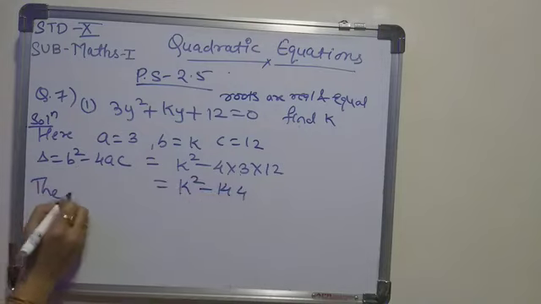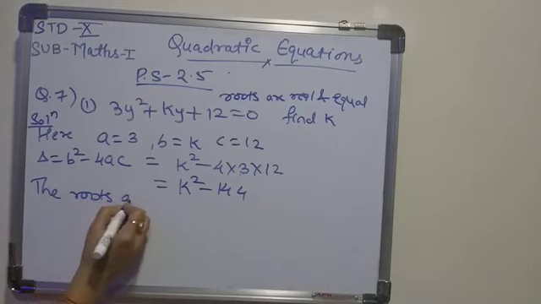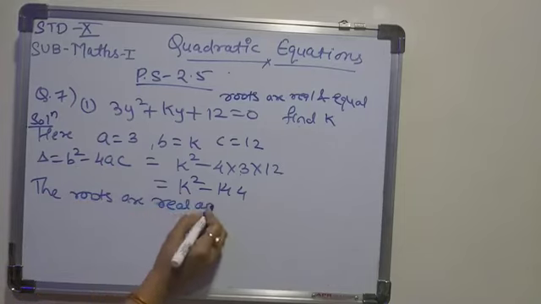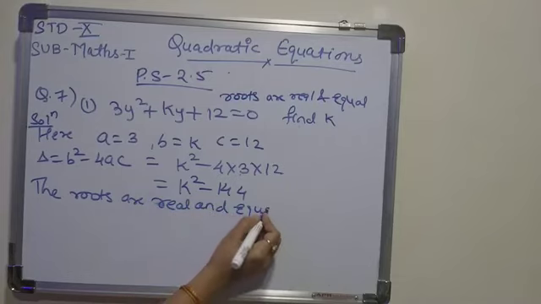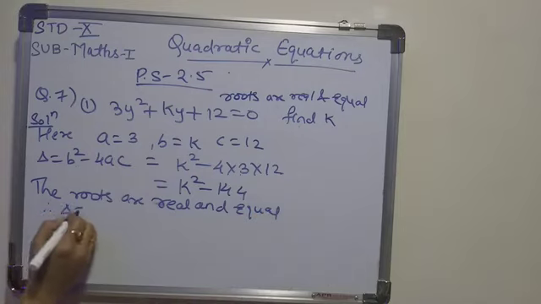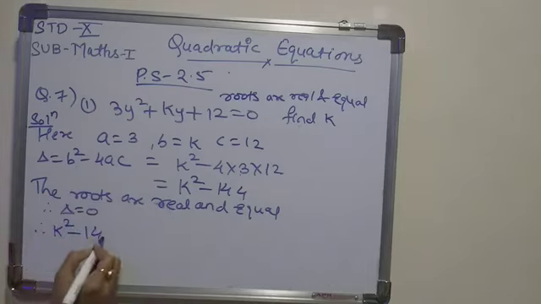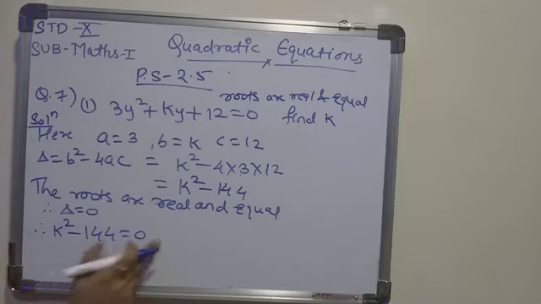The roots are real and equal. So therefore your delta is equals to 0. Delta is equals to 0 means your b square minus 4ac is equals to 0. So therefore your k square minus 144 is equals to 0. Shift this over here, you will get k square is equals to 144.